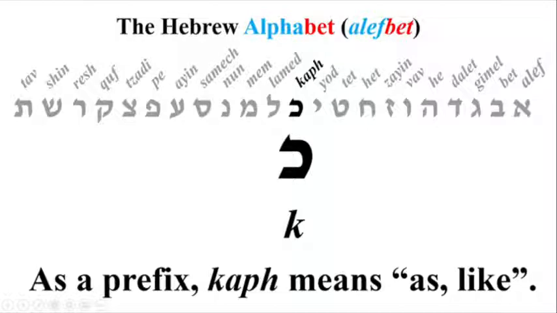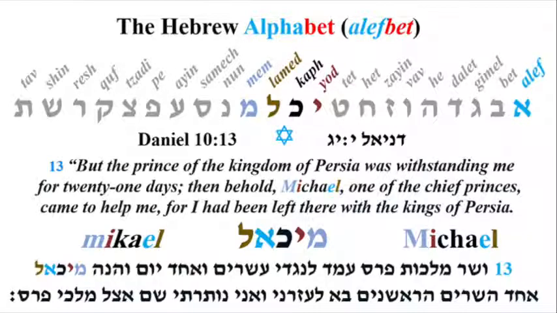You hear it in certain people's names. In Daniel 10:13, it talks about, but the prince of the kingdom of Persia was withstanding me for 21 days. Then behold, Michael, one of the chief princes, came to help me, for I had been left there with the kings of Persia. Michael is, in Hebrew, Mikael. Got it? Well, we know what Mi is.